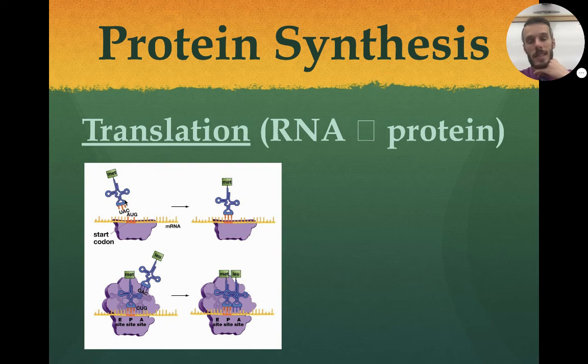So these tRNA will come in and translate, by matching up with the codon, and then they provide the specific amino acid here. So they're translating between the nucleic acid and the protein.